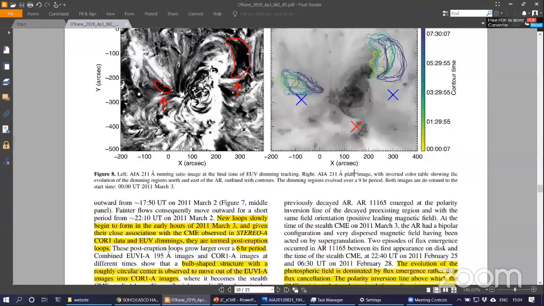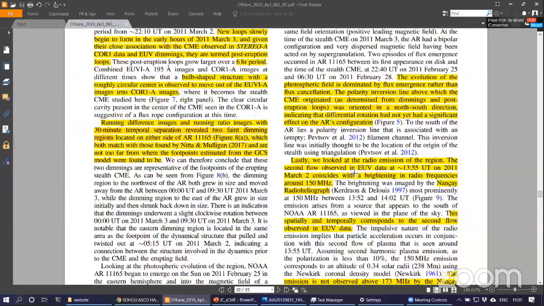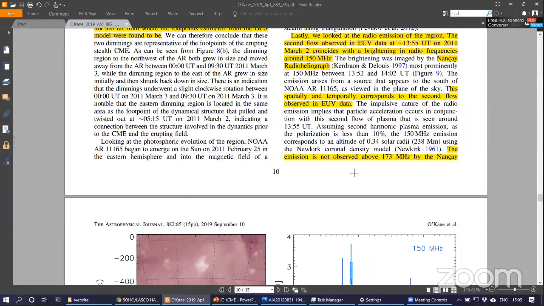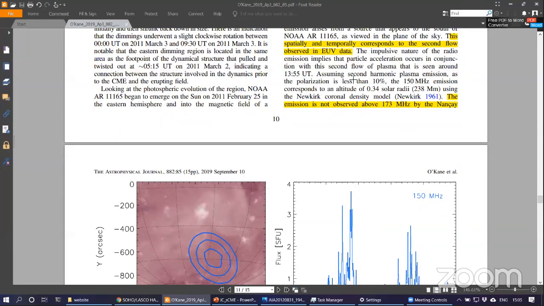Since they had radio data also, using the density model, there is a standard Newkirk density model at 150 megahertz, they tried to find the height at which some radio emission had been observed.